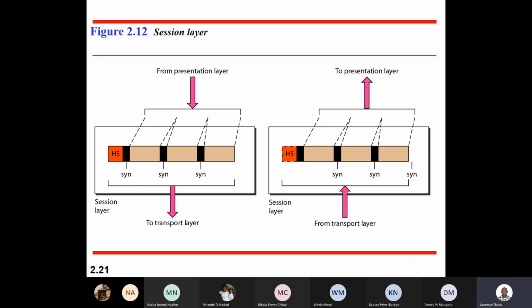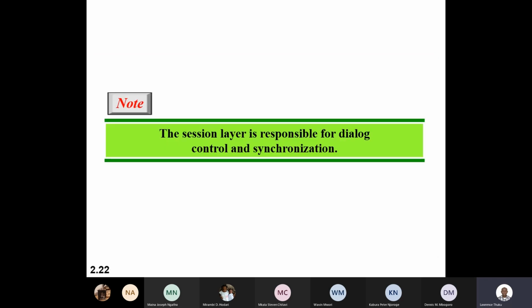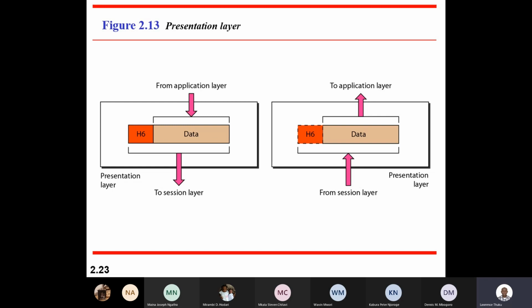So the session layer creates that particular session to enable one to transmit the data from one point to another. So it's also meant for direct control and synchronization, apart from controlling or creating sessions that are going to be used for data transfer between the levels.